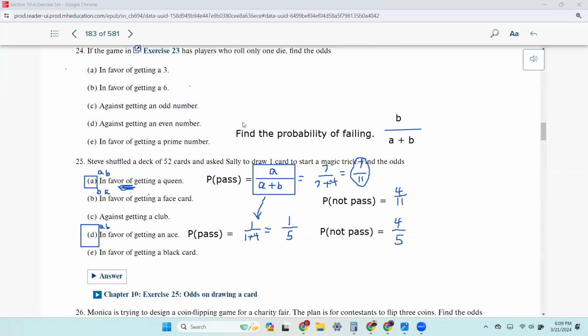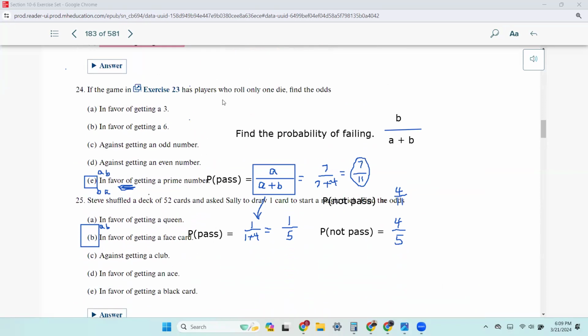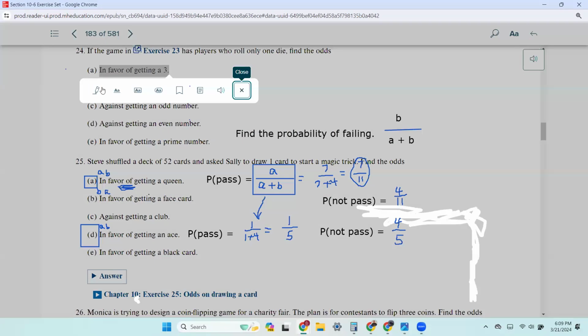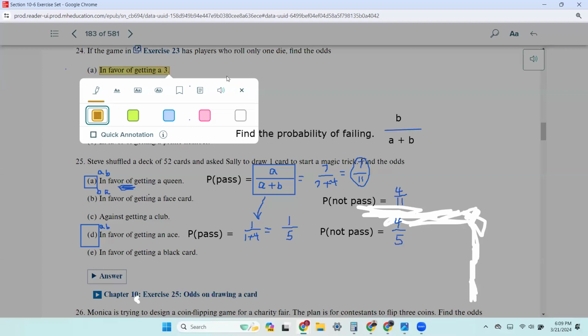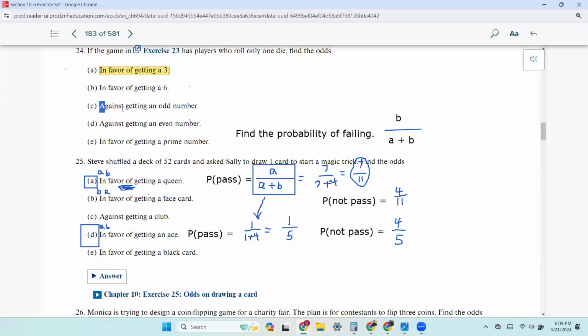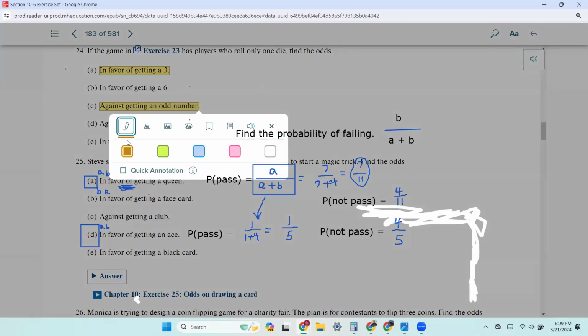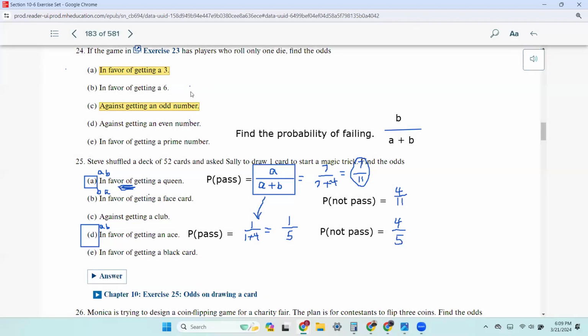Let's do this one and this one. It's that one where you've got to have the sample space. I think I've got it handy so I can show it. All right.